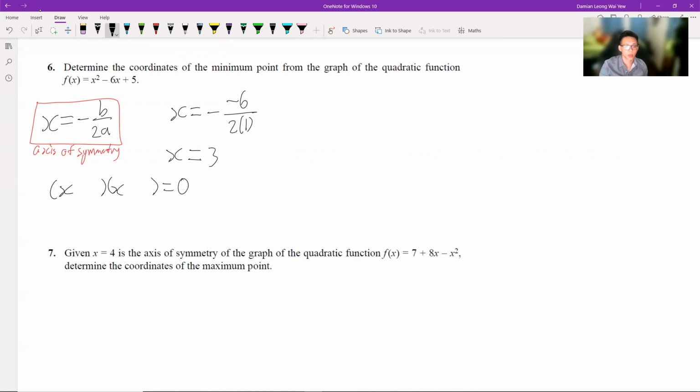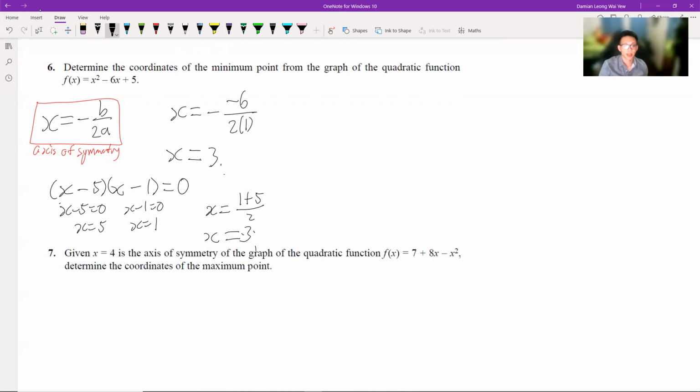Factors of 5 are 1 times 5, to get minus 6, minus 5 minus 1. So either x minus 5 is 0, x is 5, or x minus 1 is 0, x is 1. If I take the average of 1 and 5, it will also be 3. Either way, I get x equals 3.